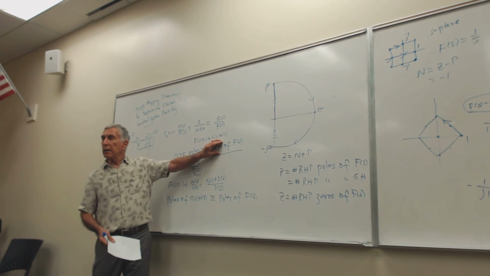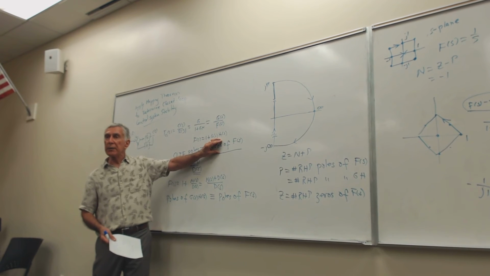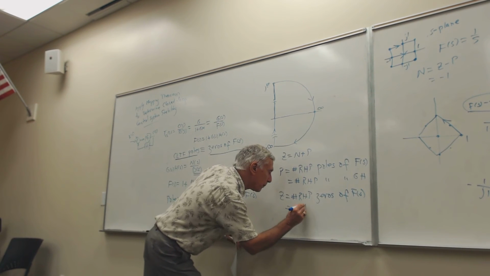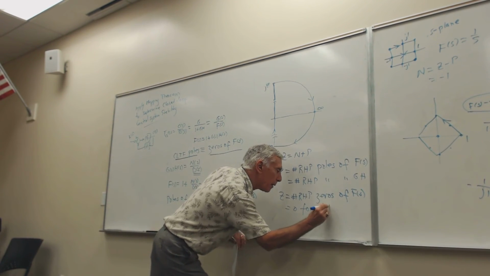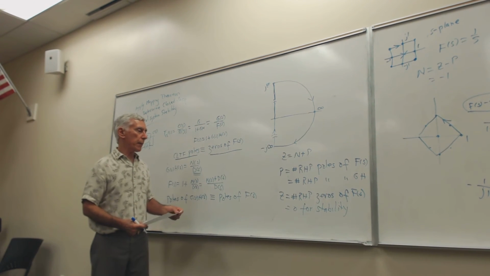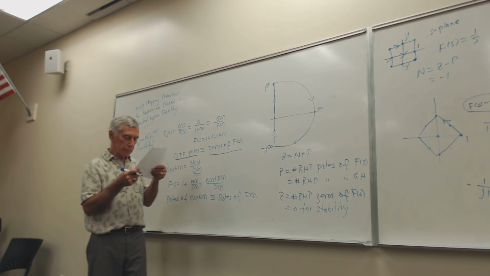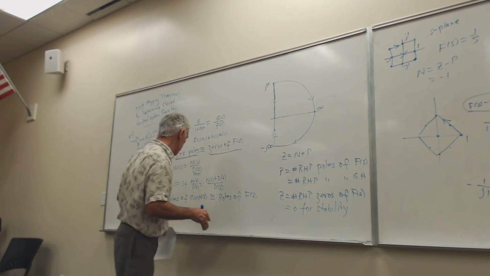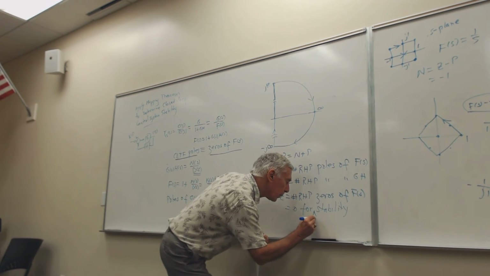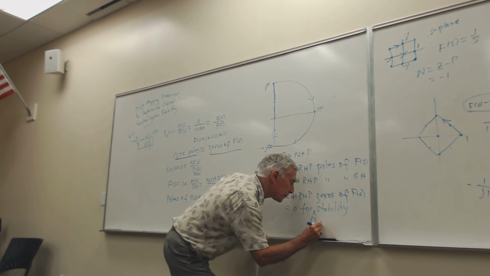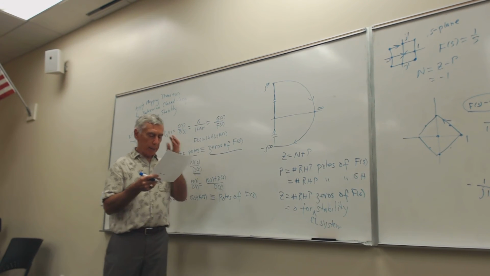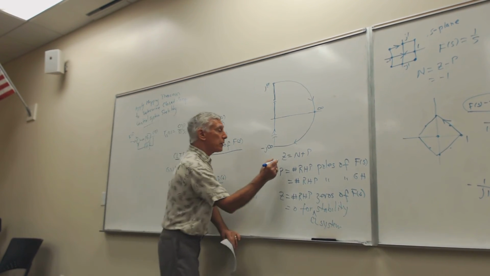So we want no zeros of F of s in the right half plane. Z is equal to 0 for stability. Okay. This is for closed loop system stability. And so we want this to be 0.